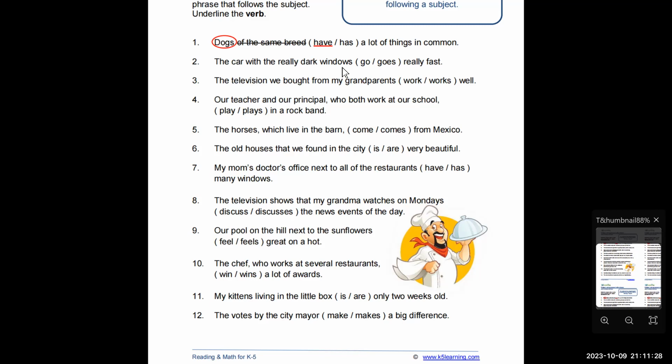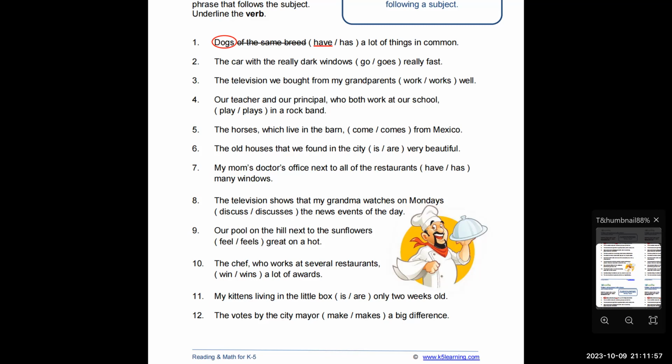You have to know what the subject is, and then choose the verb form. Or you can read number 2 first, and then try to answer. The car with the really dark windows.